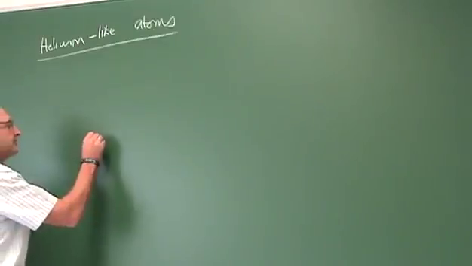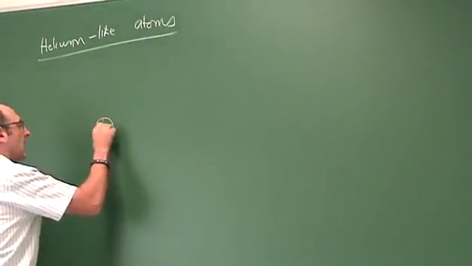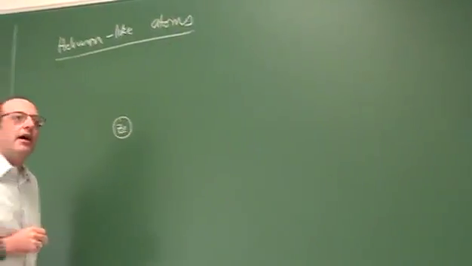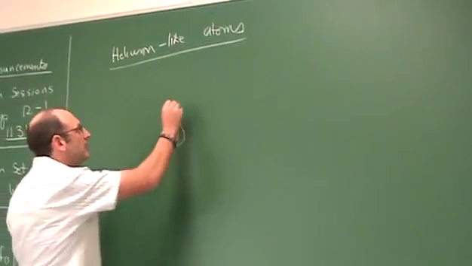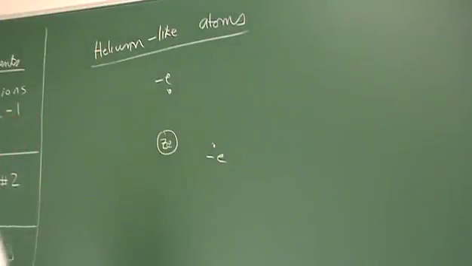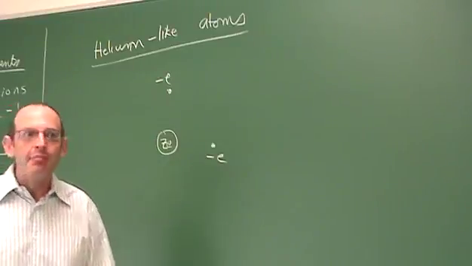And what we mean by that is thinking about having a nucleus with some atomic number and two electrons. So really we're talking about two-electron atoms, helium being the neutral case of this with Z equals 2, but we can think about the problem a little bit more generically.